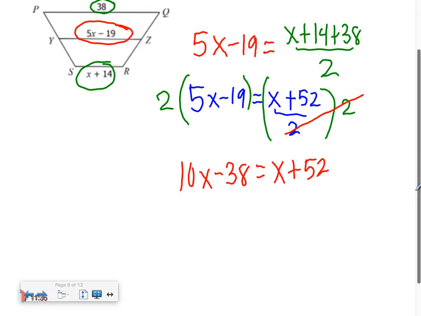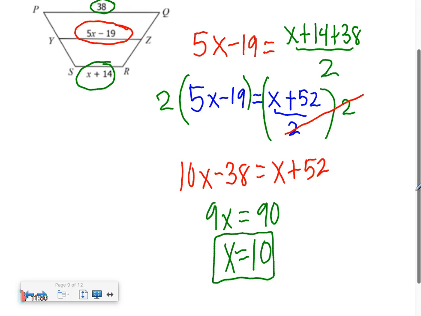Bring our x over, plus 38. What do we get? We get 90. Perfect. Nice work, folks. Find the measurements. Just plug that in. Yeah, we're done. We'll find x right now.